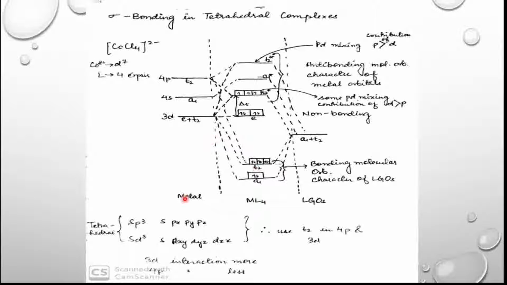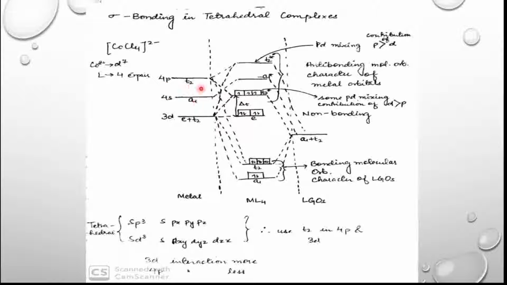You can see here these are the metal d orbitals. I have the 3d set, and as in the previous slide you have seen, it has two types of sets, E and T2, and then you have 4s, that is A1, and 4p, that is T2, right?